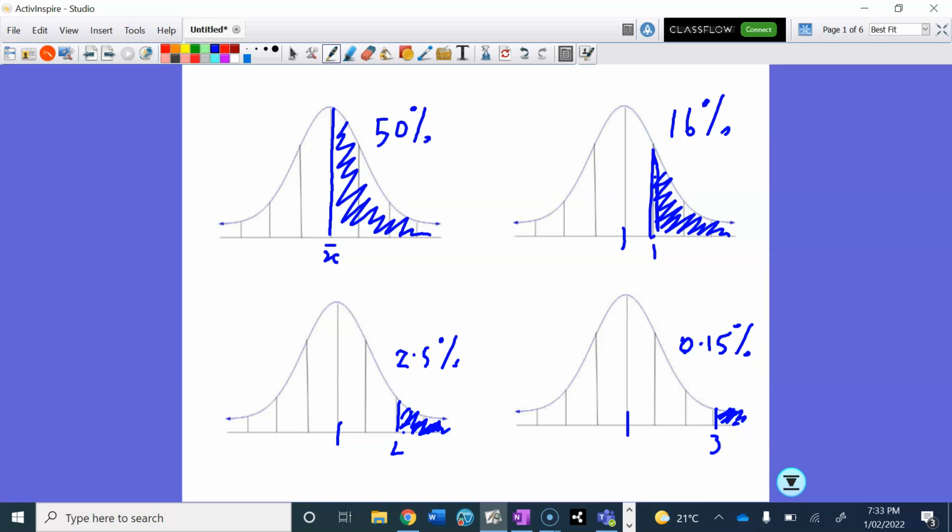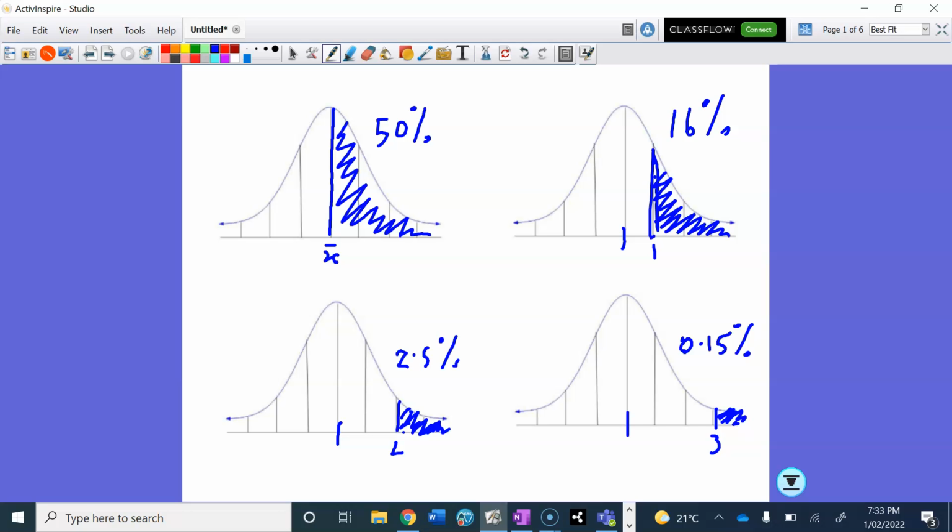It doesn't matter how big the group is, those 4 percentages will always be the same: 50%, 16%, 2.5%, 0.15%. They're the 4 values you need to remember for interpreting Z-scores.